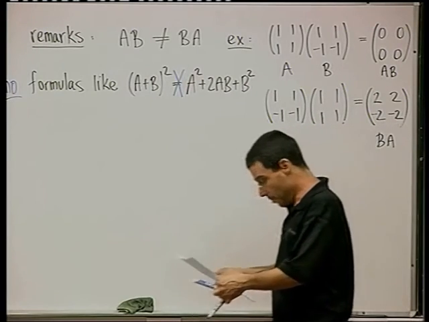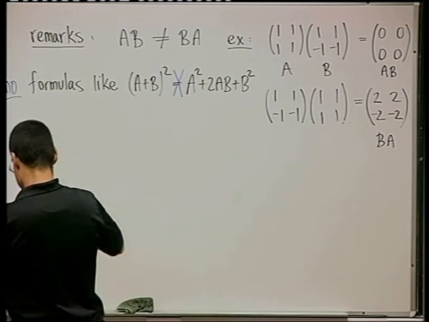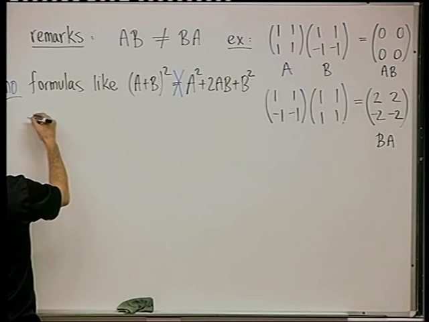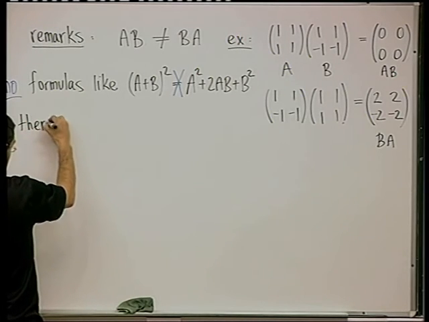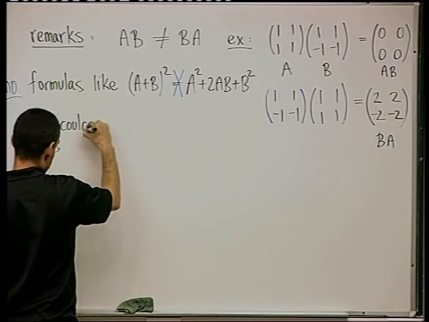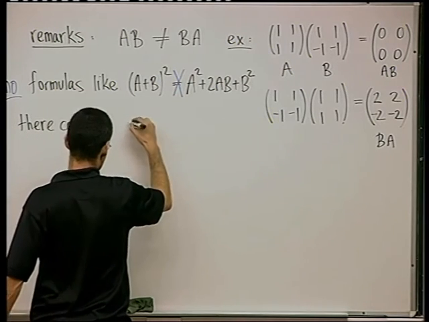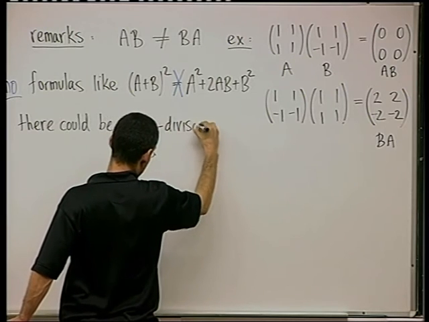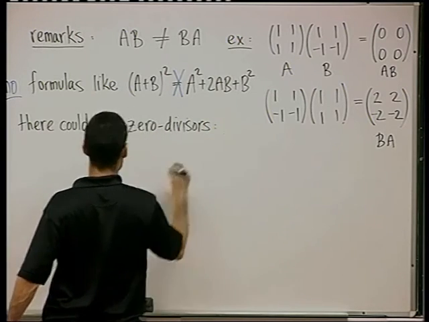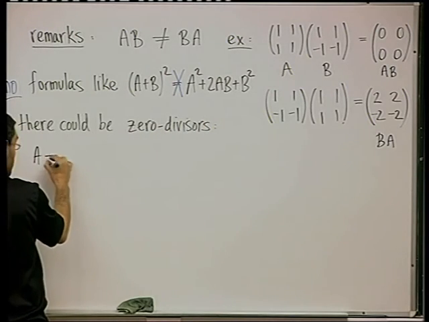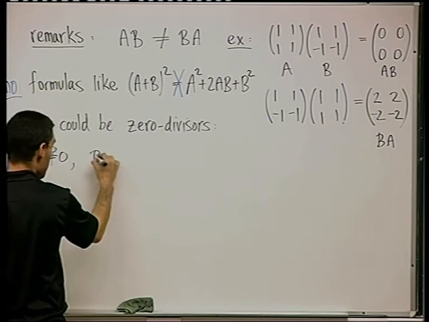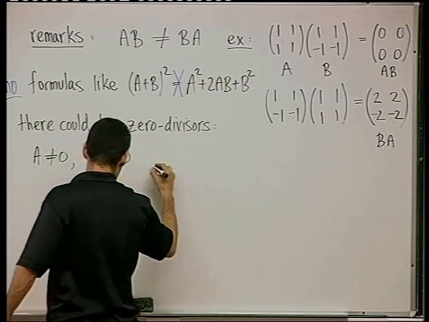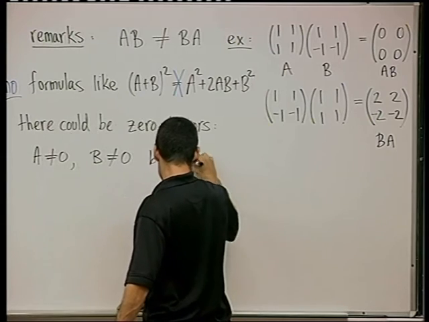Okay? Moreover, there could be zero divisors. We mentioned that when we talked about fields. So what are zero divisors? A is not 0, B is not 0, but their product is.